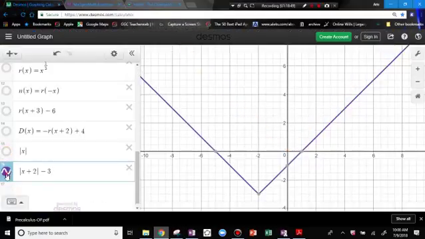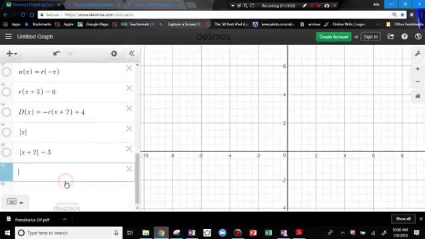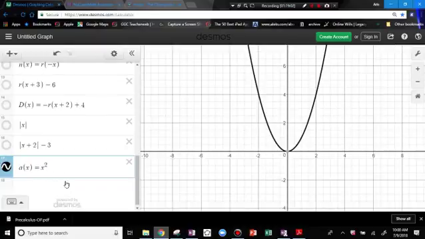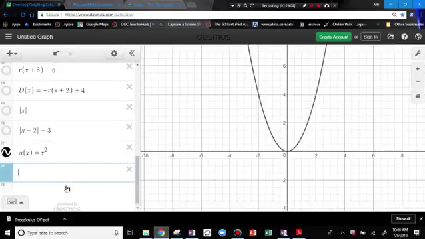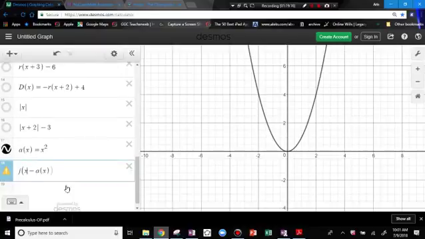I could go back up there and rewrite. a of x equals x squared. All right, looks like I need to flip it. Negative a of x. Right. I can call that j of x.